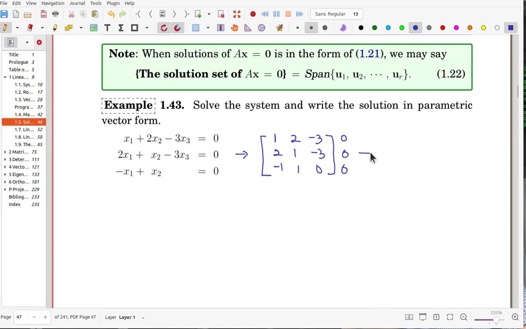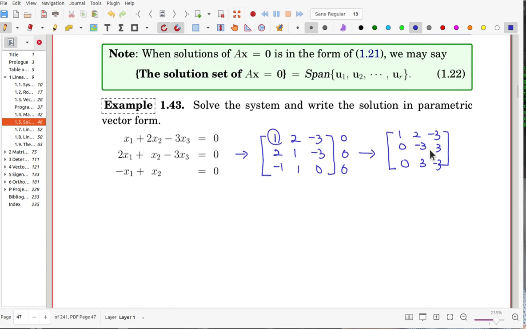Okay, this is a pivot, and we eliminate below. Twice subtraction will make a 0, and twice subtraction of minus 3 will make a 3, and addition will make a 0, and addition will make a 3, and minus 3.